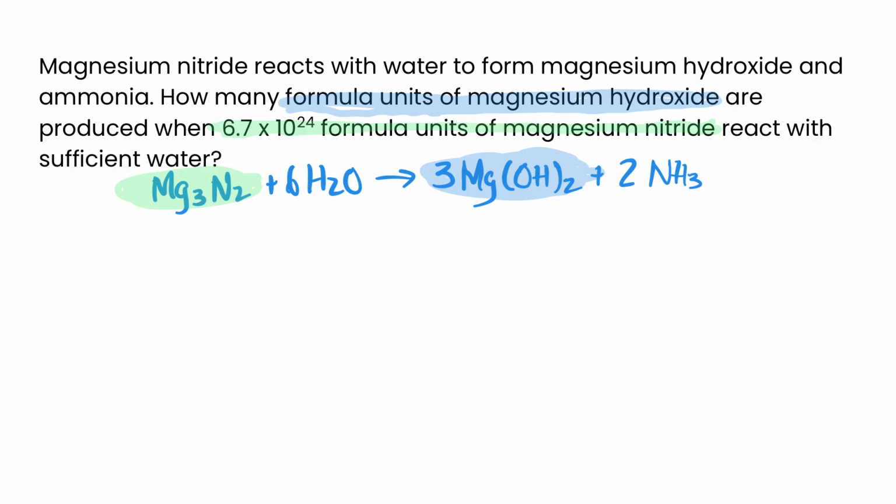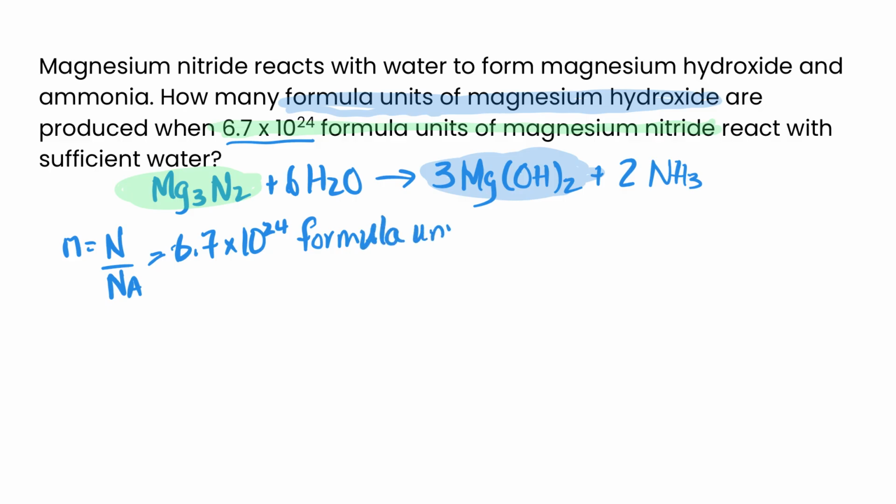Now this problem requires us to follow all the steps of Stoich. So we're given formula units of magnesium nitride. We need that in moles first. So we're going to do our molecules divided by Avogadro's constant. So that's 6.7 times 10 to the 24. I'm just gonna write formula units here.